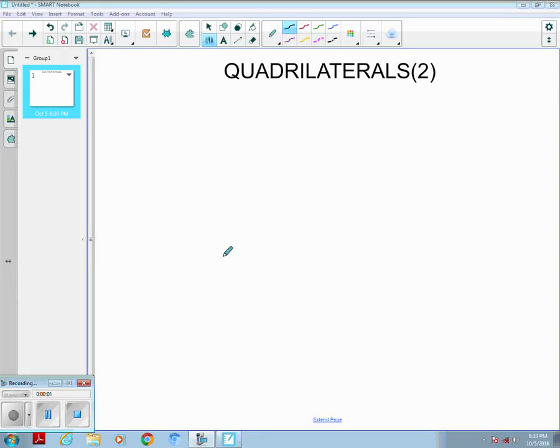Welcome back to part 2 of quadrilaterals. Yesterday we studied the rectangle and the square. Today we will study the parallelogram. Now, what is a parallelogram? Let us see.